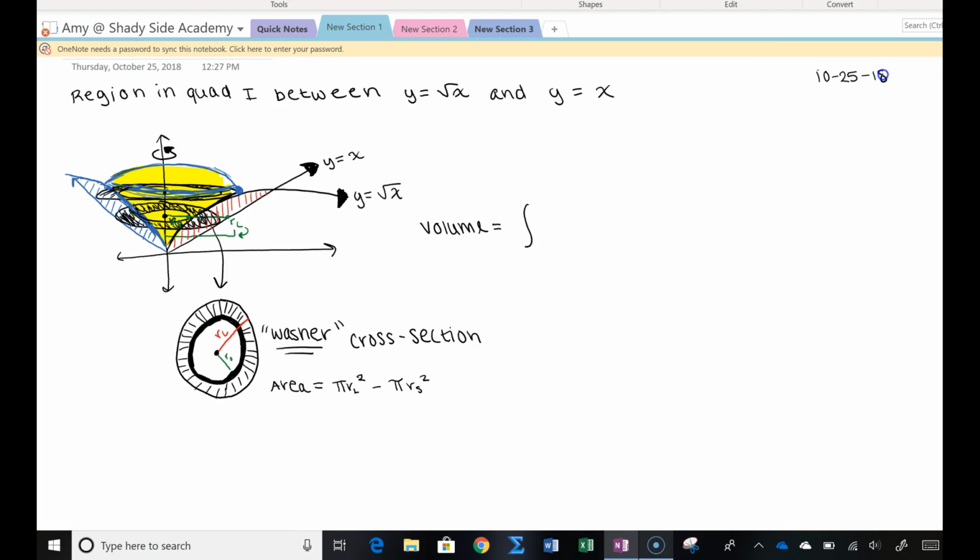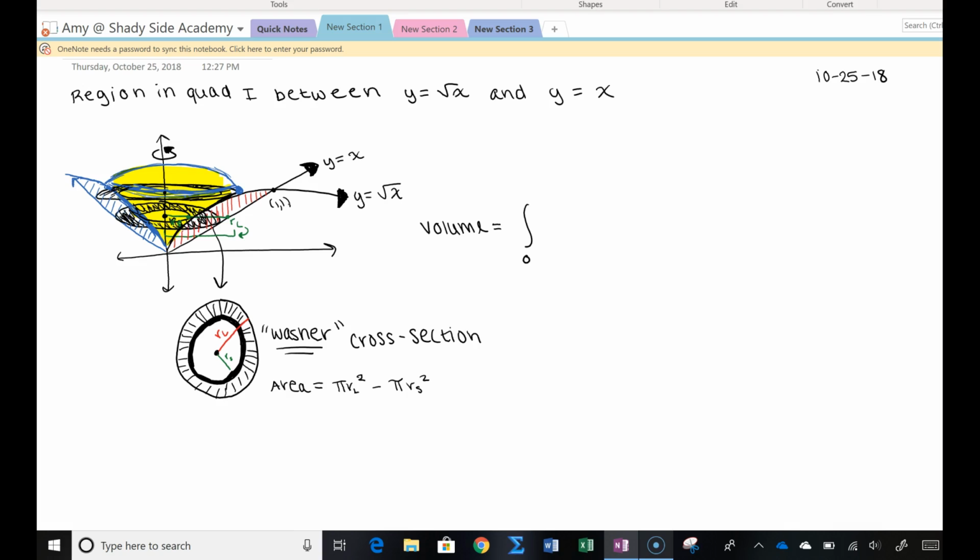From y equals blank to y equals blank. What's the blank? Y equals 0 to y equals 1. Why? Because the cross sections are stacked from y equals 0, to where they intersect, at 1 comma 1.